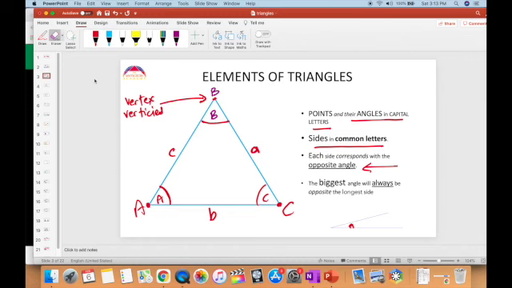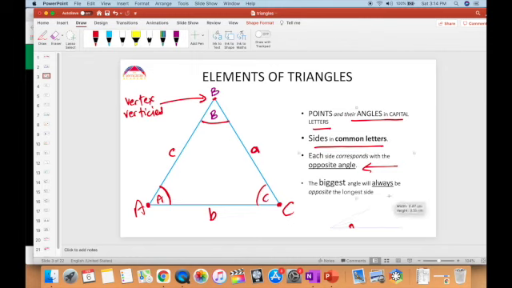Well, think about it. Let me look at this half a triangle down here on the side. We have this small angle A. And if the angle A gets bigger, doesn't this side over here get longer? Would you agree? If the angle A gets smaller, this side here gets smaller. So the side that is opposite is dependent on the angle.